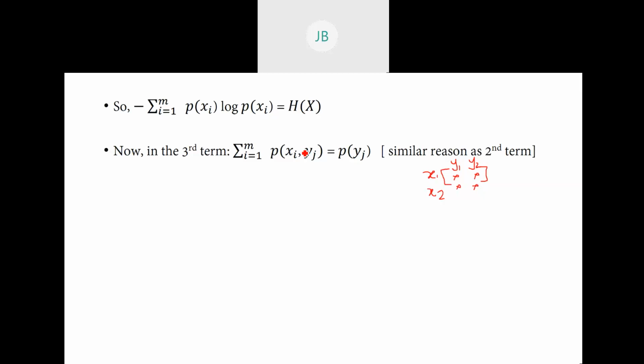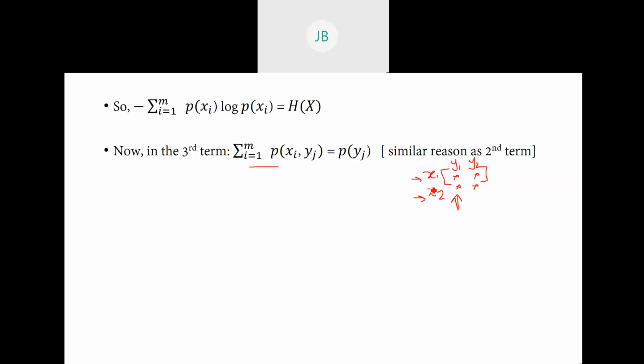Now what is the condition here? We will be varying the rows for a constant column. That means we will be changing from this row to this row, for a constant column. Maybe the constant column is this column.